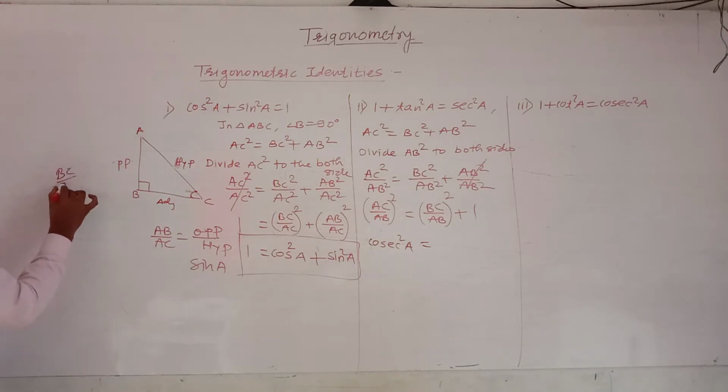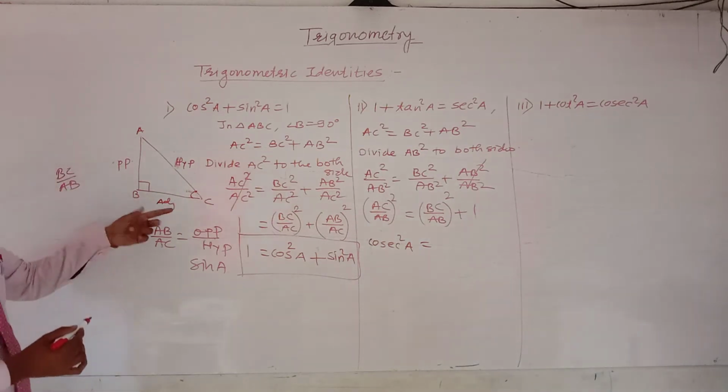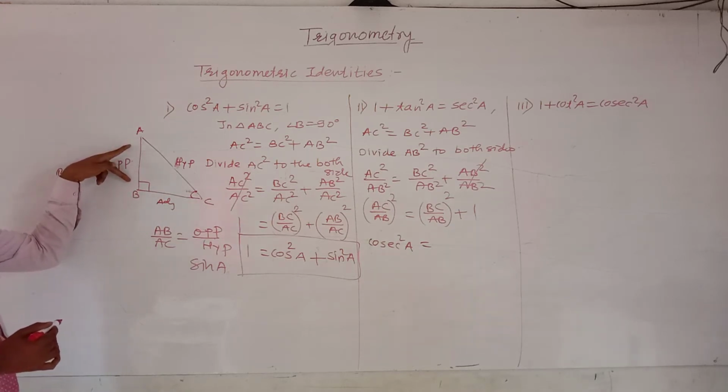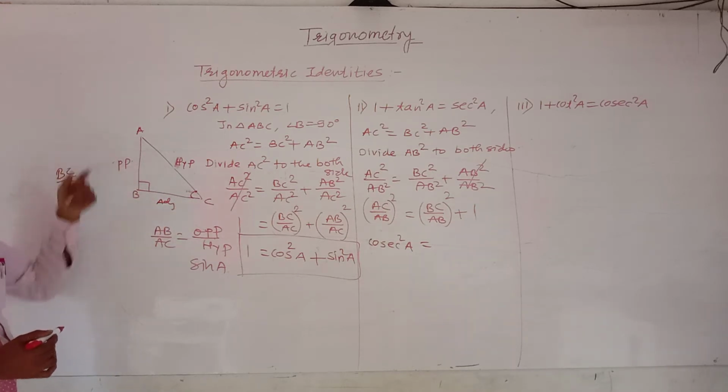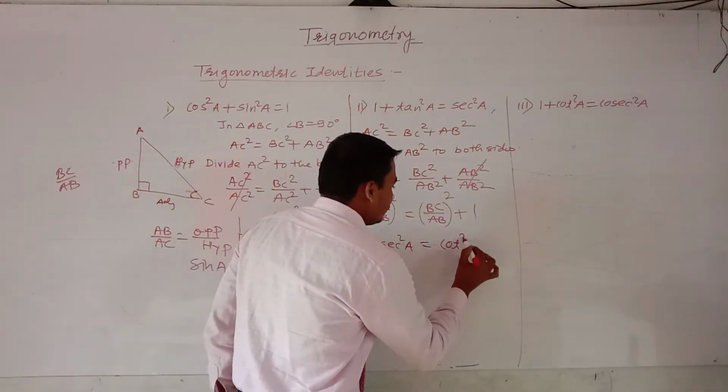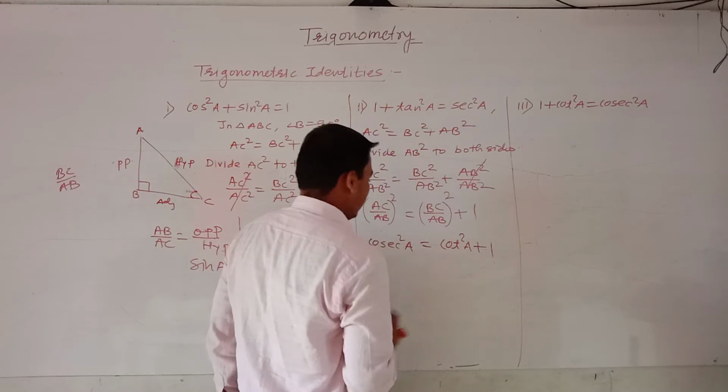BC by AB. BC is adjacent, AB is opposite, adjacent upon opposite, cot square A plus 1.